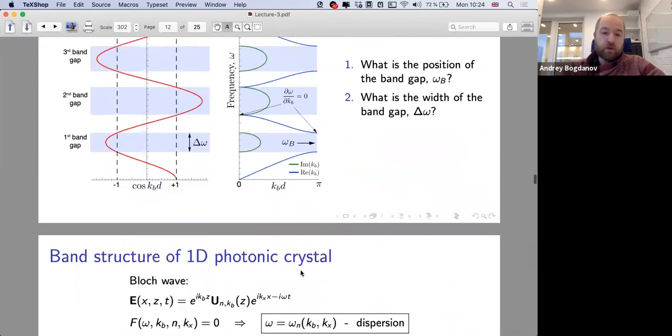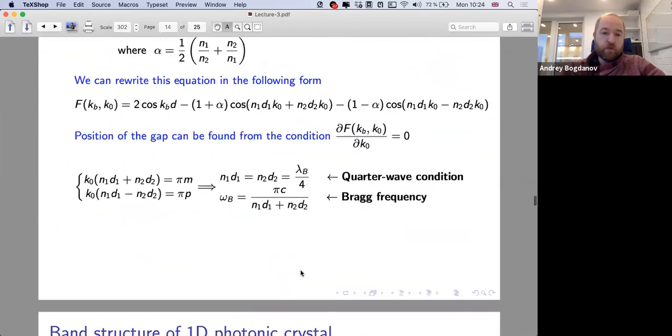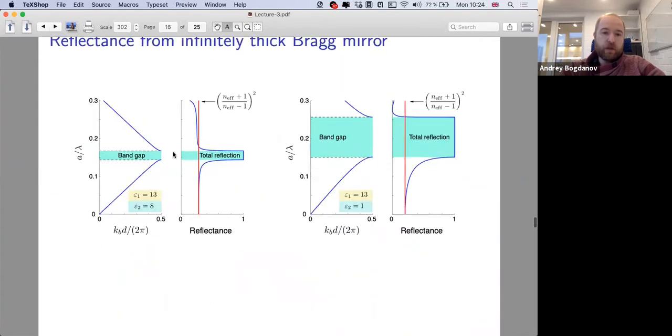Let me show you. Do you remember this plot? This is the band gap, and this is the dependence of reflectance on the frequency. Here you see that the reflectance is 1 exactly in the region of the band gap.